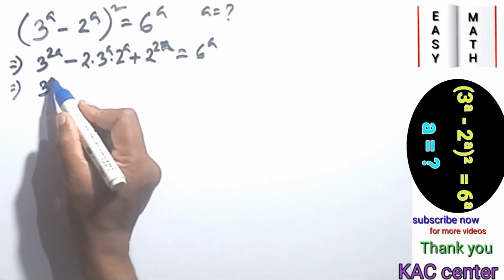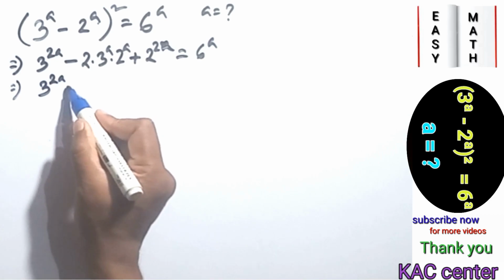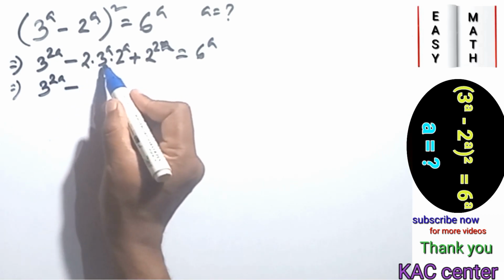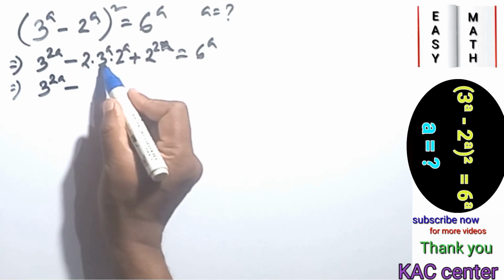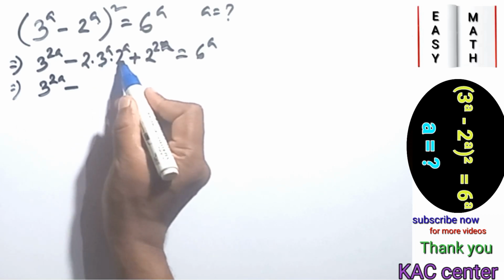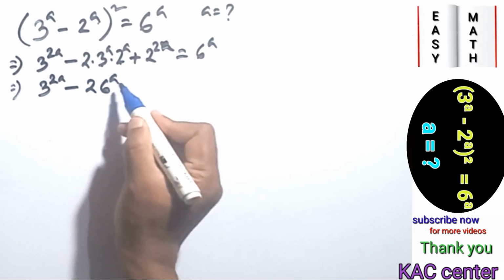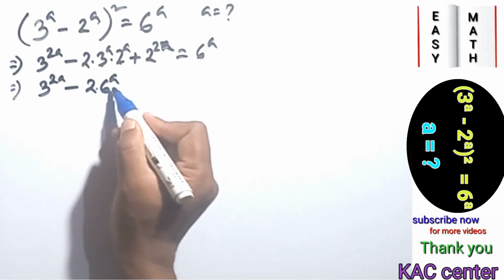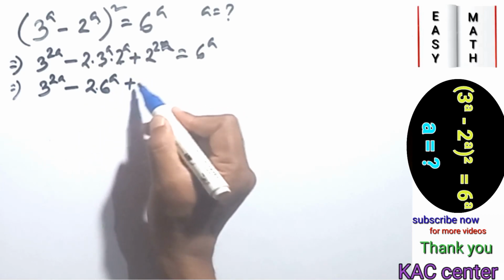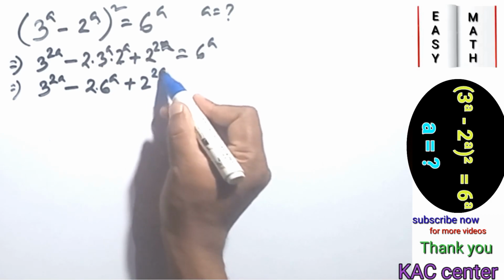There is 3 to the power 2a, and there is 3 and 2, so 6 to the power a, 2 into 6 to the power a, and there is 2 to the power 2a.